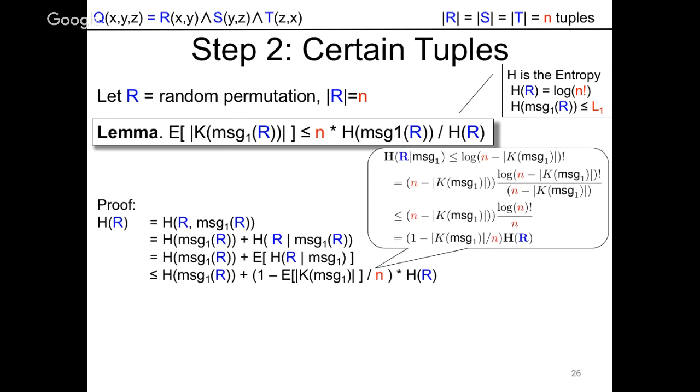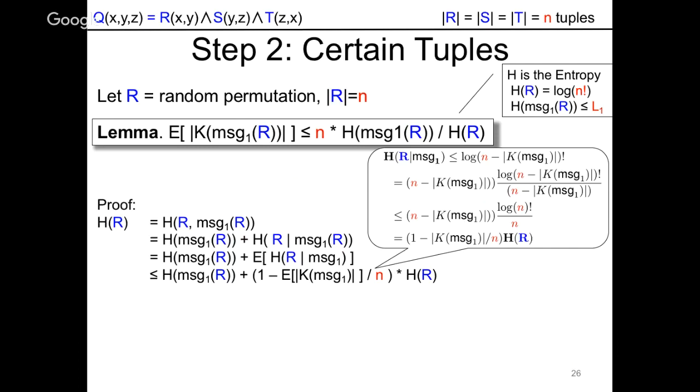I'm going to tell you the highlight. I'm not going to discuss the details. Once we know that this message has so many certain tuples, the resulting entropy is at most log of n minus the number of certain tuples factorial. So massaging brings us back to log of n factorial, which is the entropy of R.